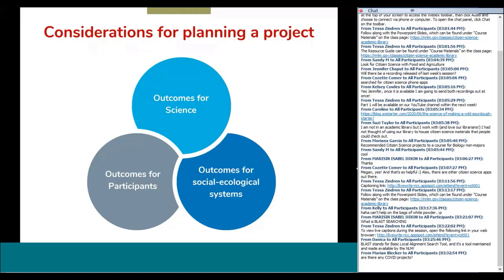So not all of these projects will yield outcomes in all categories, regardless of what your goal is. Some of the projects will be achieved, and some projects will have completely unanticipated outcomes, but it's still something to discuss and keep in mind while planning. Okay, so next slide, please.